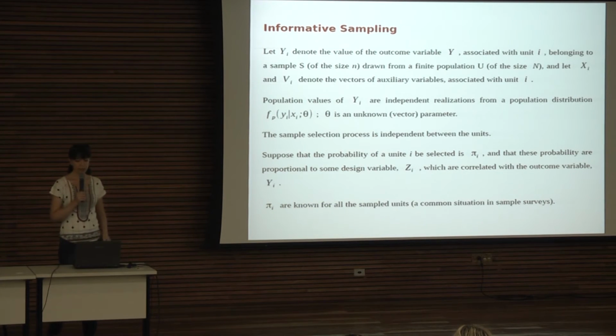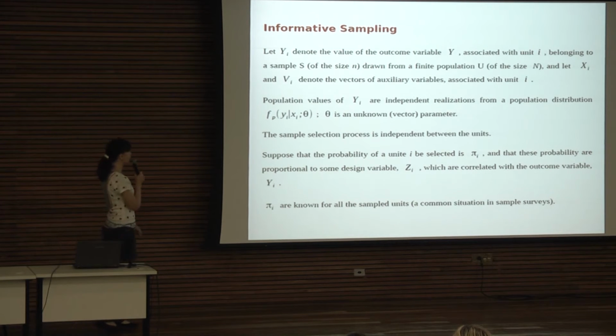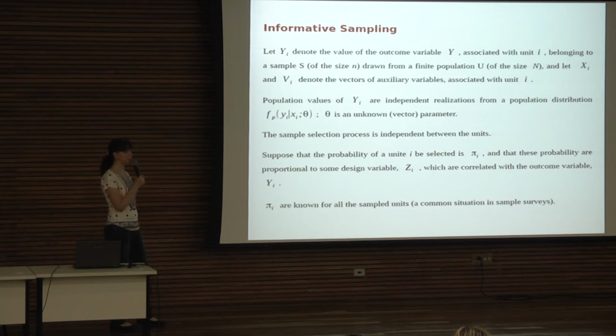And now let's define the informative sampling in a more formal way. Here we have y_i, which denotes the value of the outcome variable y associated with the unit i belonging to a sample S, drawn from a finite population U. The size of the population U is large N, and the size of the sample is small n.